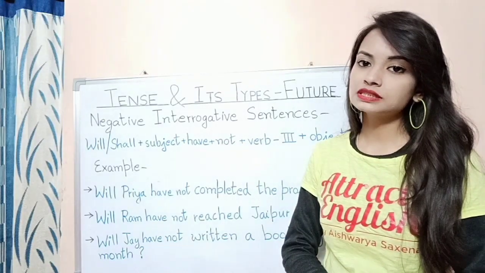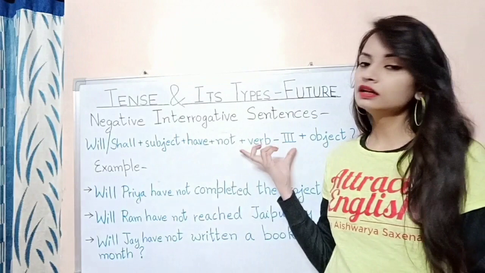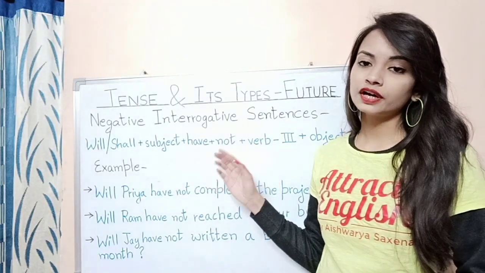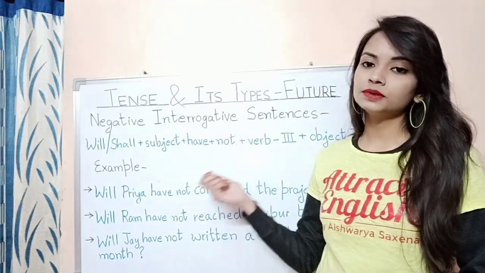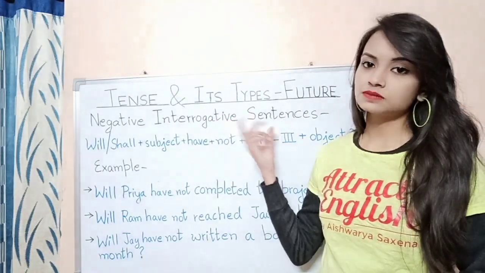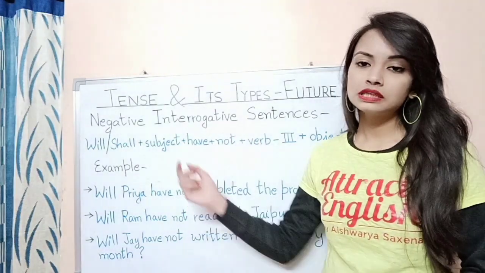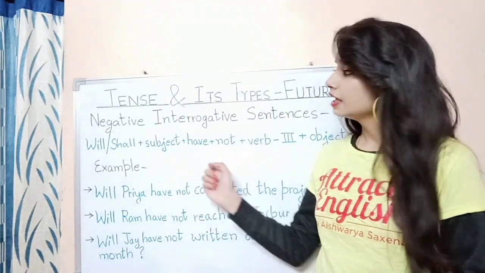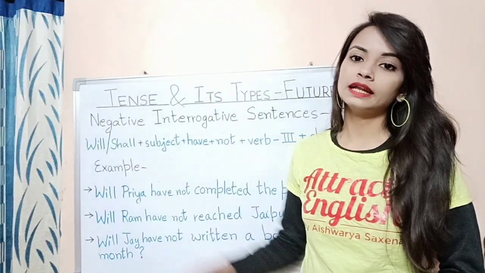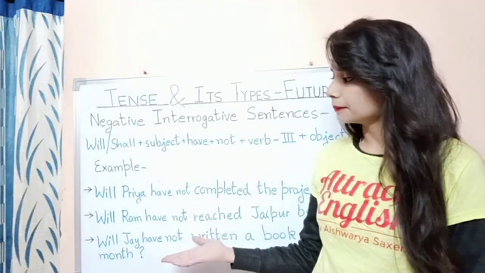The only difference is that I have added a not between have and verb. Alright, if I remove this not, then this will be the format for an interrogative sentence. But since we have added a not after have, now this format is for framing negative questions or negative interrogative sentences. Let's have a look at the examples.